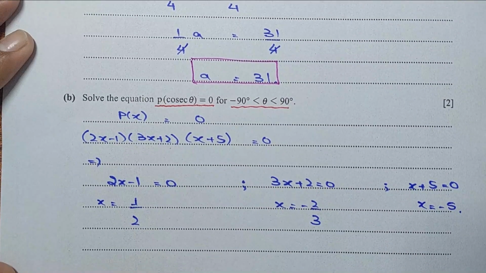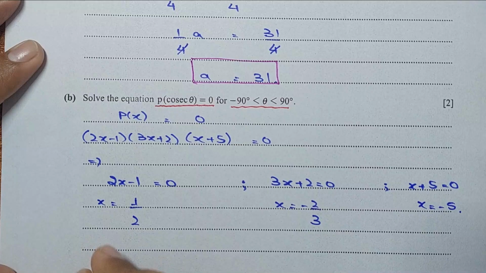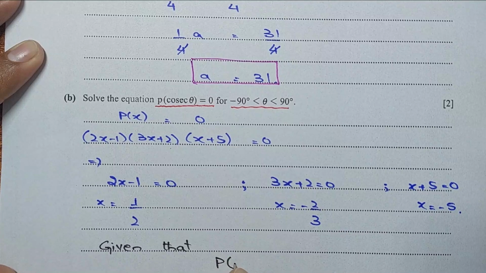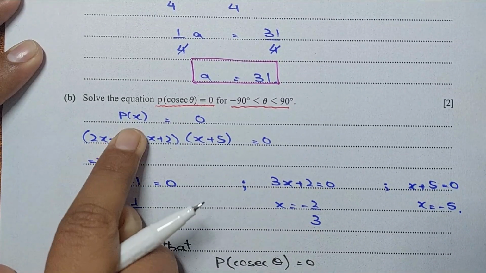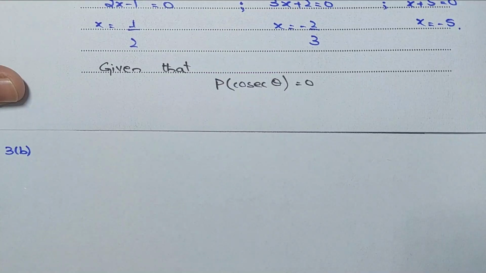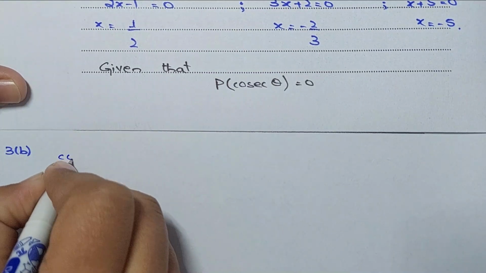Now in the equation we have given that polynomial of x is cosecant theta equals to 0. So x is replaced by cosecant theta. Replace these x values with the cosecant theta.